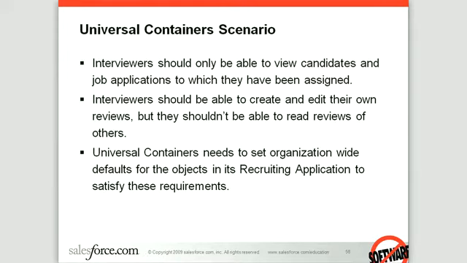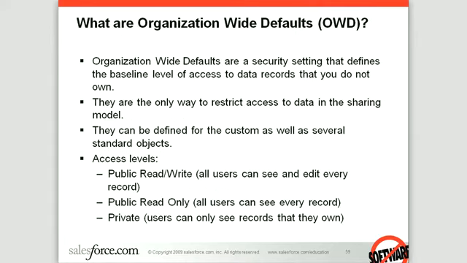But we do have a golden rule, which is everyone can at least view positions. A lot of this is associated with stuff that will come later, but what we're going to focus on is that second bullet, which is everyone can view positions. The way we can enable that simply and quickly is using something called org-wide defaults.